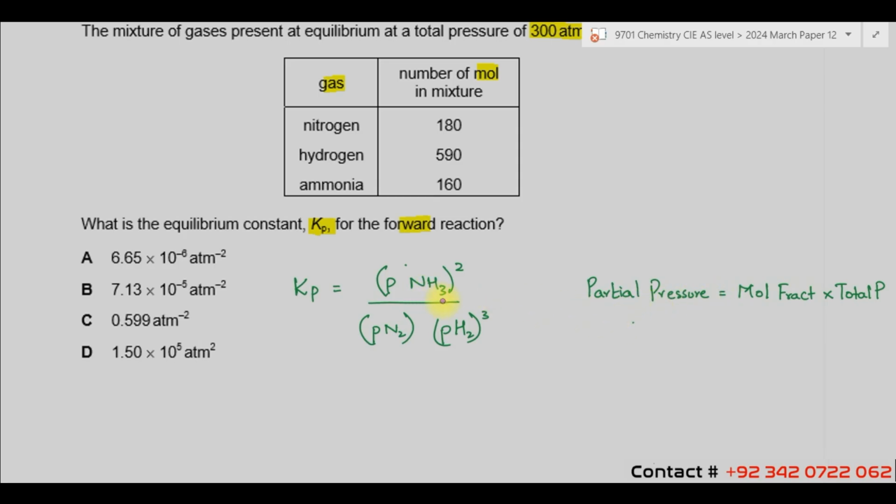We can start with ammonia. So partial pressure of ammonia is equal to mole fraction into total pressure. What is mole fraction? It is the number of moles of ammonia divided by total number of moles. So moles of ammonia is 160. Total moles is 160 plus 590 plus 180.